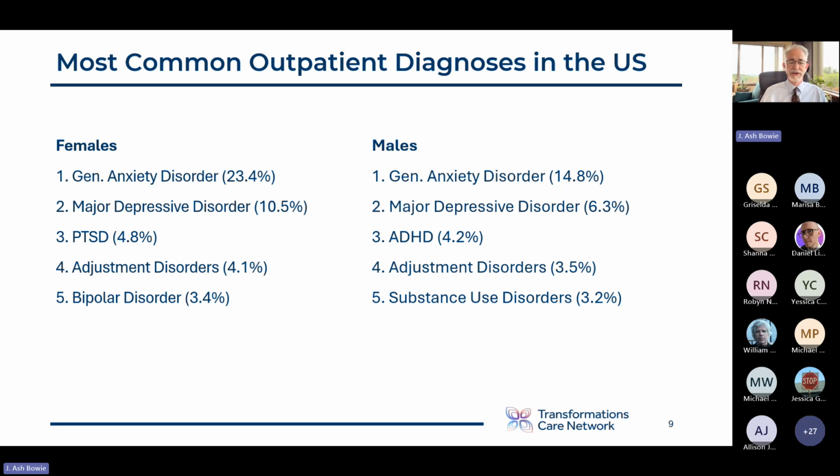But here is where it starts getting interesting. Number 3 on the men's side is ADHD, and on women's side, it's PTSD. And I think that's telling of something. Followed by adjustment disorders, and I'll go over why I think that is. Followed by substance use disorders for men, and then bipolar for women.